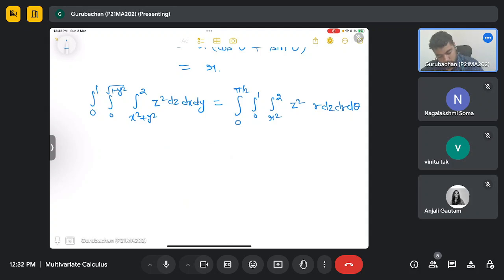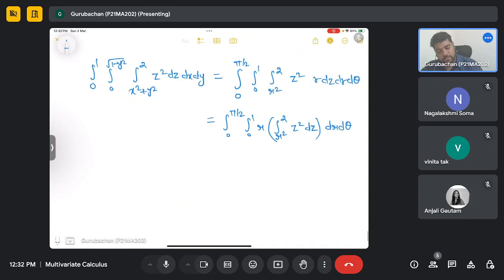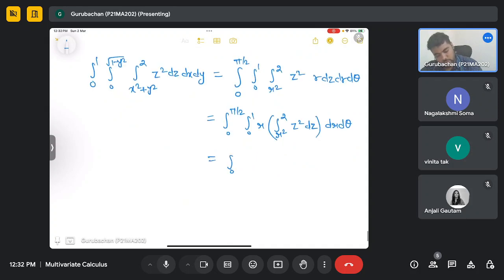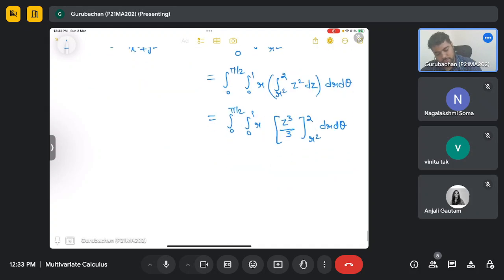So we have r, and we are left with the integral of z square dz from r square to 2, then dr d theta, which will be 0 to pi by 2, 0 to 1, z cube divided by 3 from r square to 2, dr d theta.